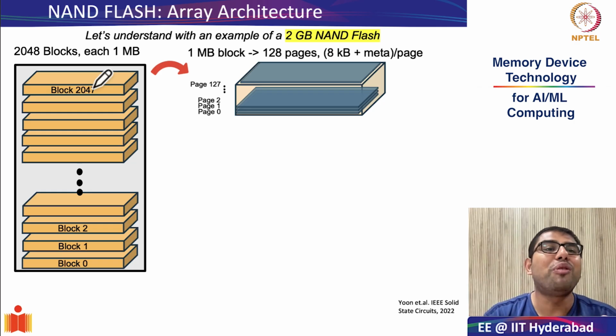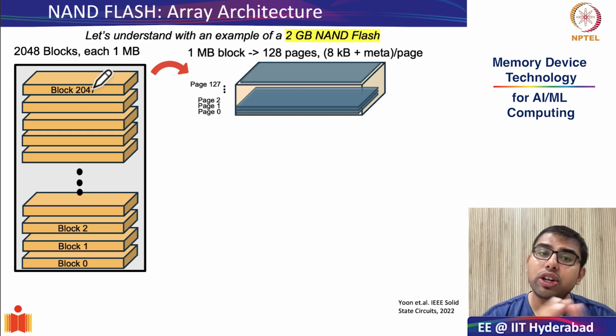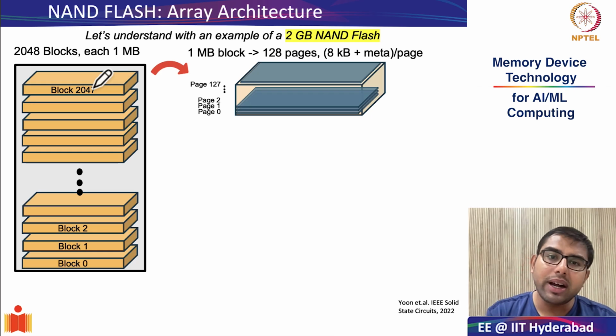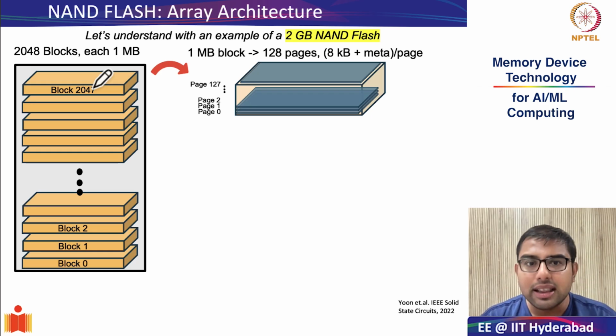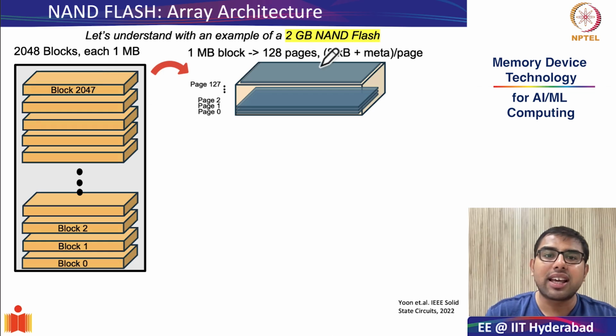Of course, the number of blocks and their size may vary a little bit, but these are some general prescriptions that are used nowadays. So a 1 MB block is divided into 128 pages. You can see that if there are 128 pages in 1 MB, you can just calculate very quickly that each page will have 8 KB of data.